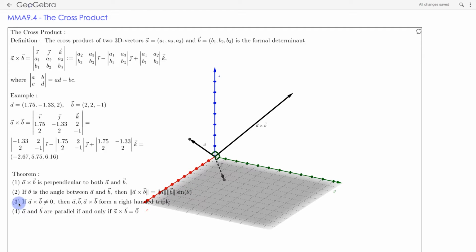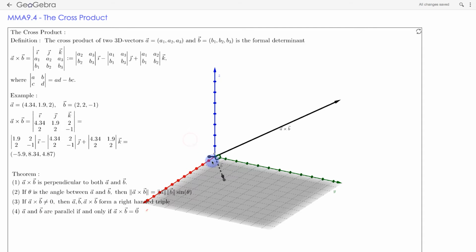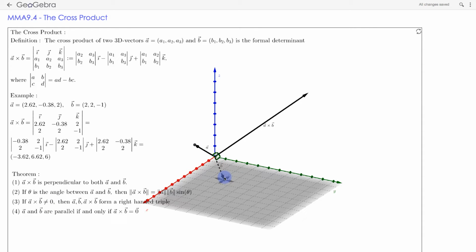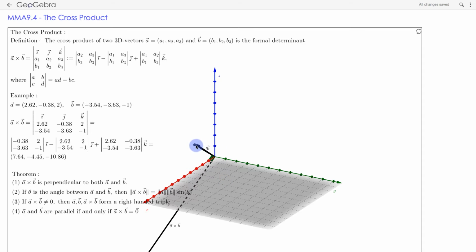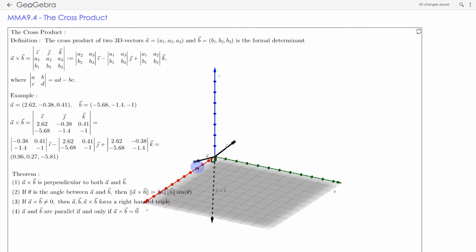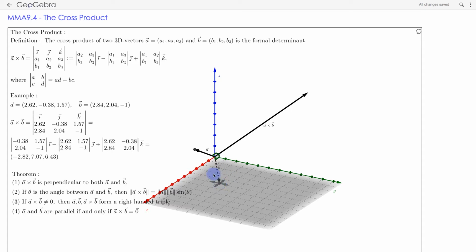So the third result is that if the cross product is non-zero, so can we make this non-zero? Well, can we make this 0? It's actually a bit hard to get these aligned in the right way.